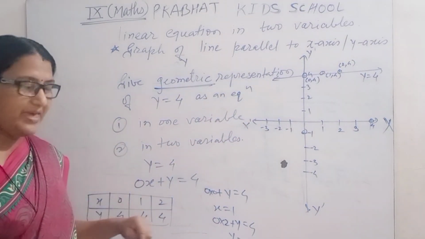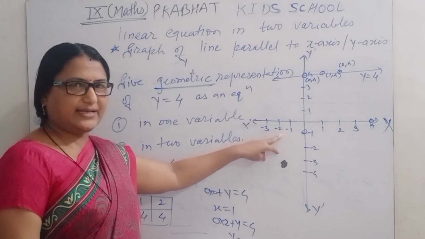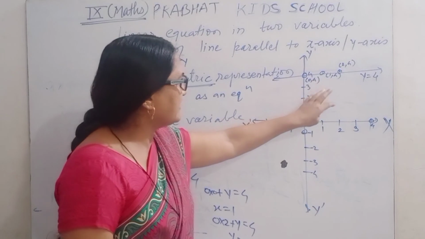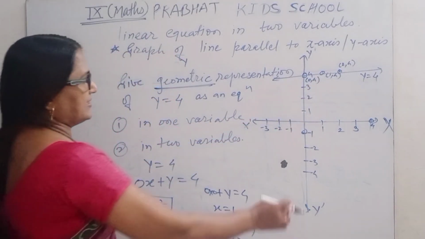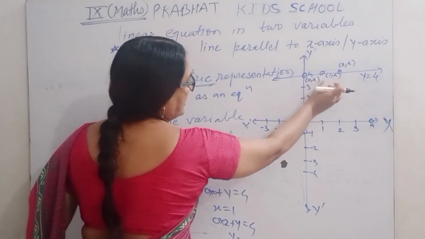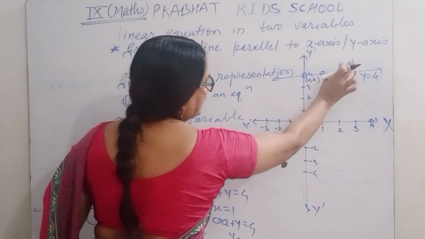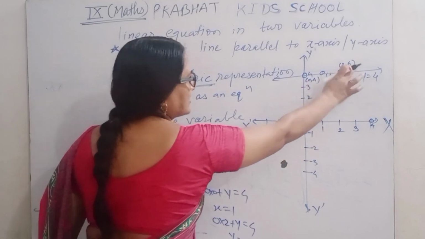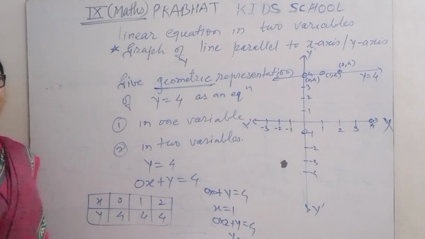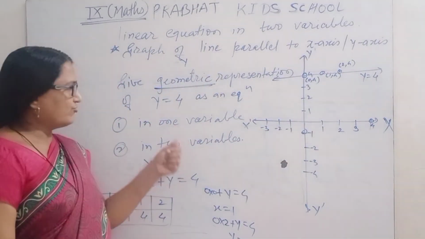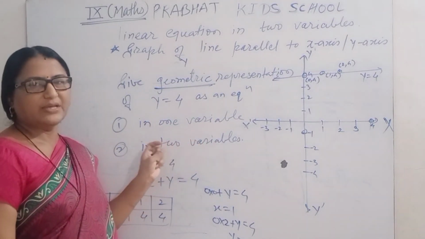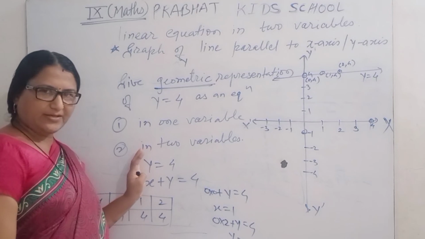Here the points are 0, 4, 1, 4, 2, 4, means the x coordinate is different, here 0, 1, 2, but the y coordinate is constant, that is 4. That is why the equation of this line is y is equal to 4. Understood what is the geometric representation and equation in two variables? Clear?